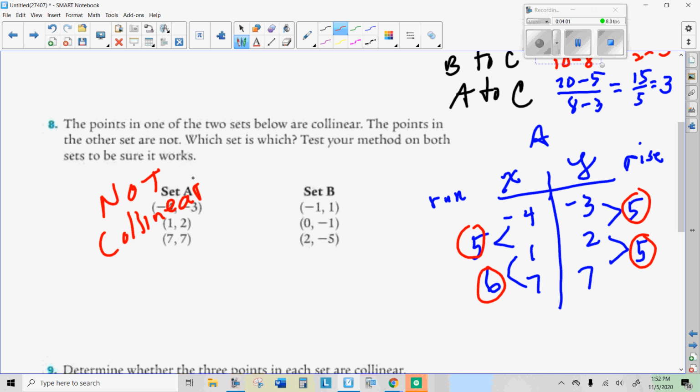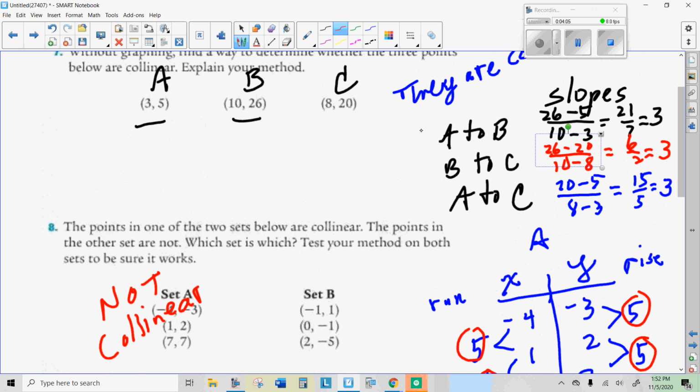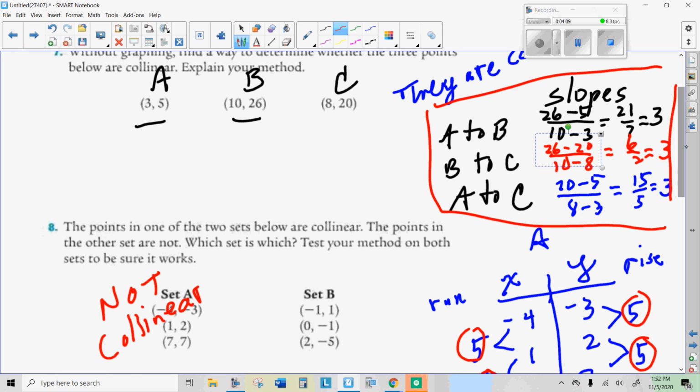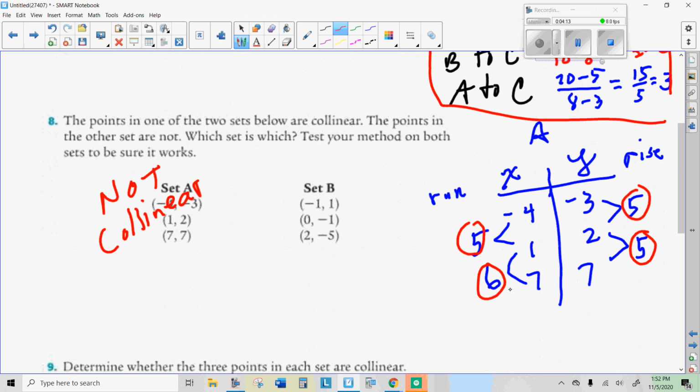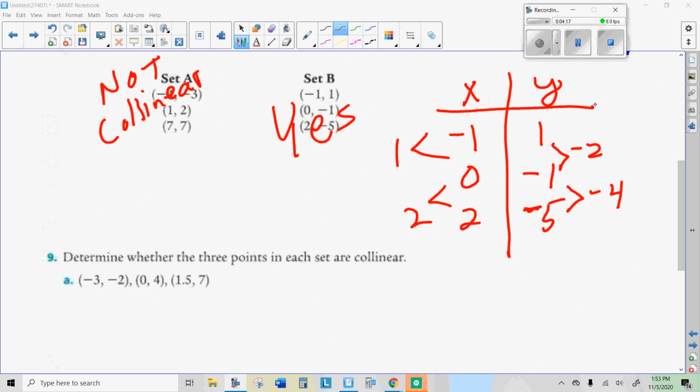So I'm going to give you an option. You're going to do set B for me. If you want to do it this way, where you just find the slopes between the 3 points that way, go ahead. Or maybe you'd rather do it this way. Either way will work. All right, so I got -2 for my rise between the first 2 points and 1 for the run.